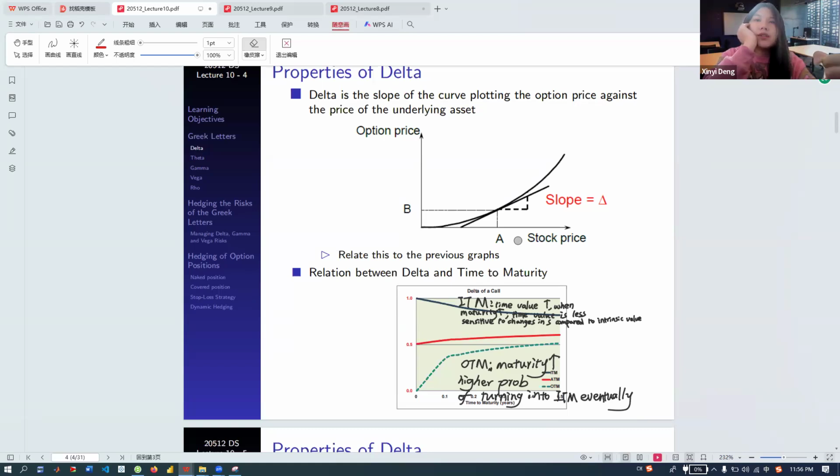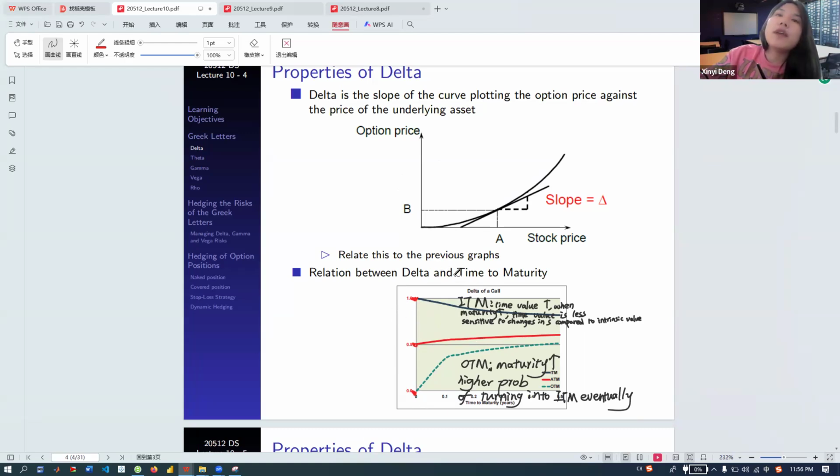We can see that when time to maturity is 0, we have those 1, 0.5, and 0, right? For those three lines, for in the money, out of the money, and at the money. So we can get an intuitive understanding about those three points utilizing the probability arguments I just showed you guys.